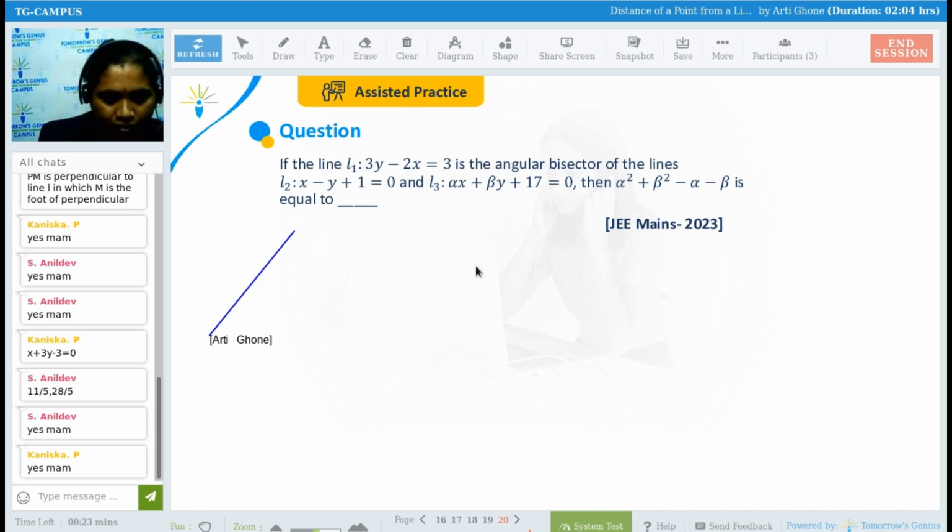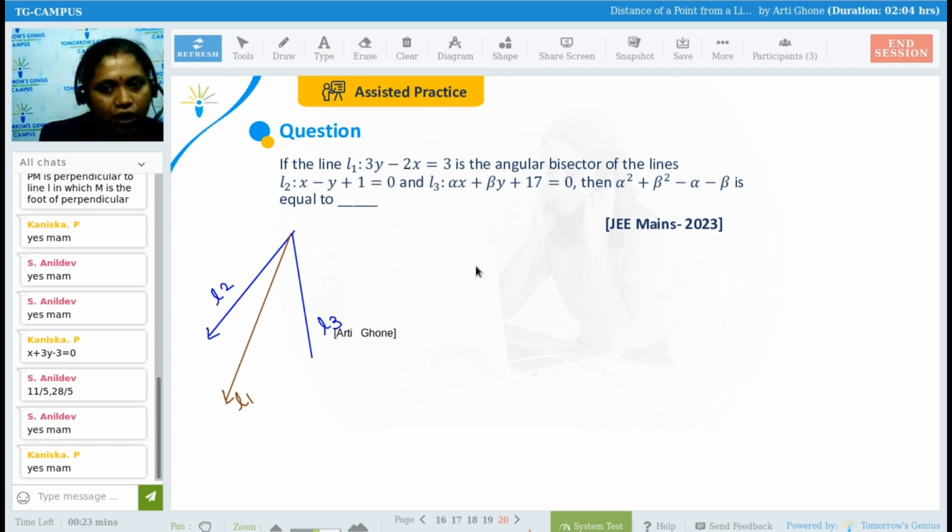This is my L1, this is my L2. So L1 is the angular bisector of L2 and L3. Clear? So do this one.